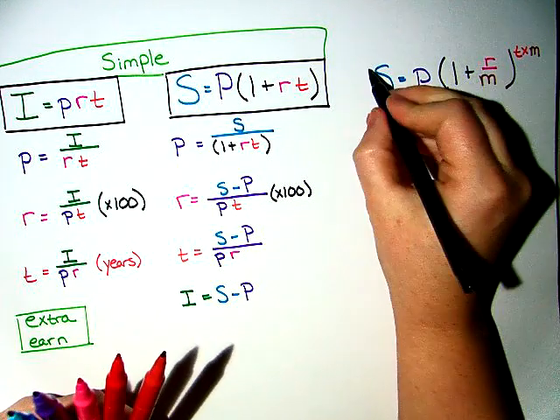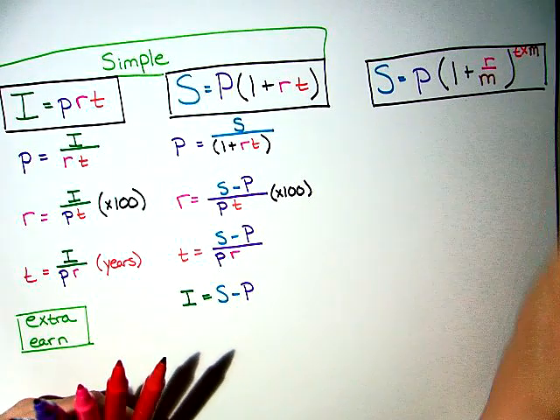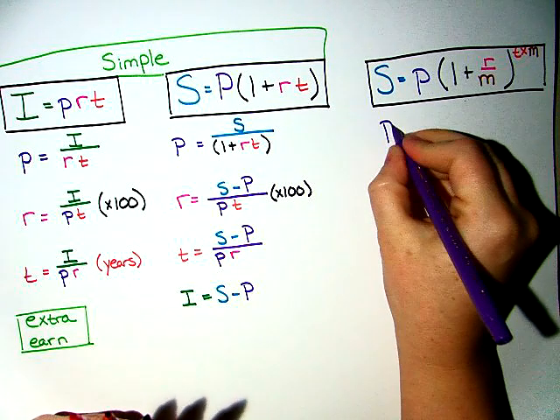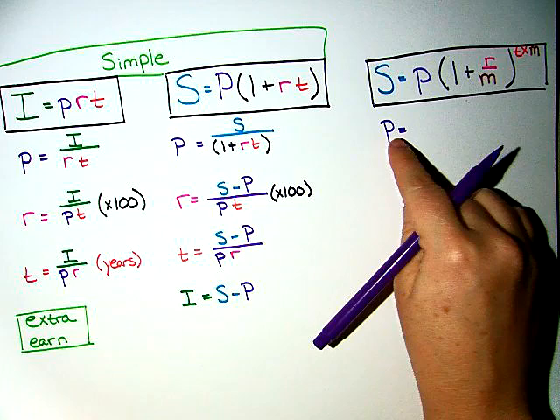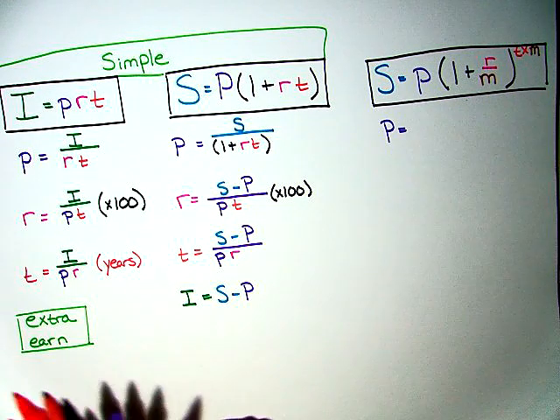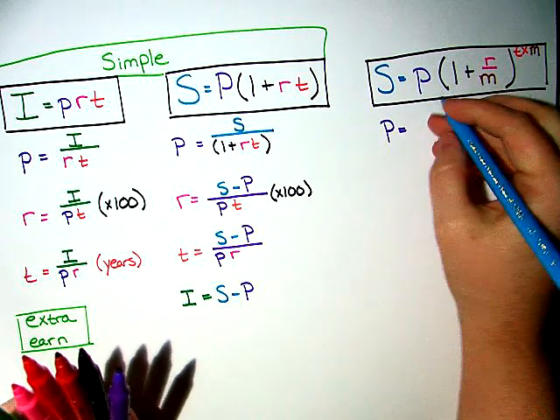This is the main and the parent formula for compound interest. We are only going to be doing one derivation of it, and that is in order to find the principal amount. So if you have the full maturity value and you're looking for what you need to invest in order to earn that, then what you're going to get is P equals, and we're just going to move this over.